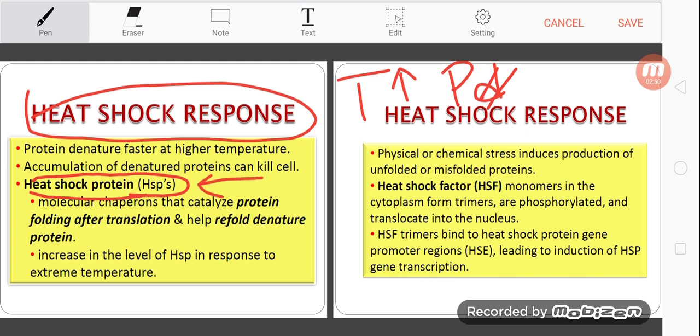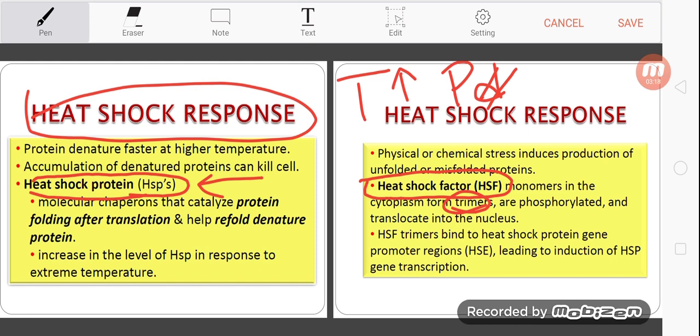The accumulated denatured protein will make this HSF, heat shock factor monomers, in the cytoplasm bind together to make trimers. Then they will be phosphorylated.